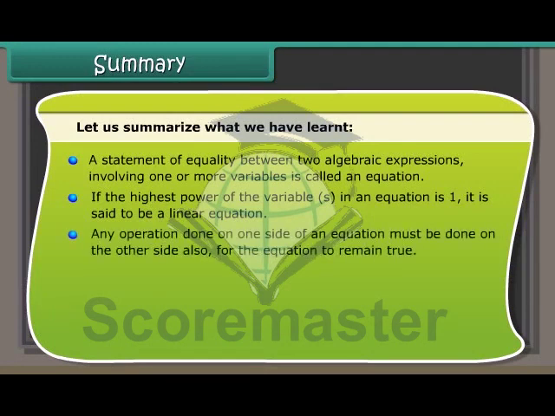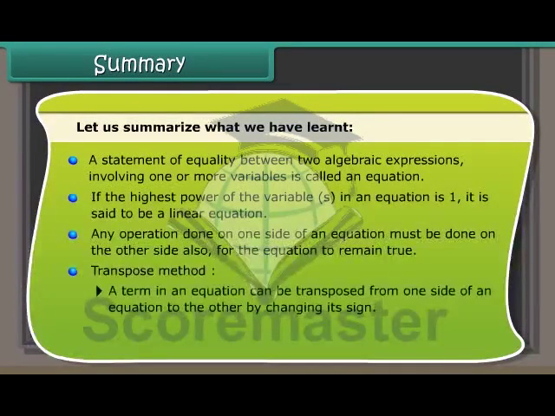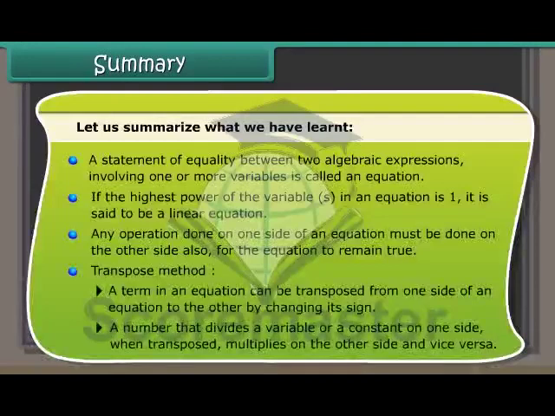Any operation done on one side of an equation must be done on the other side also for the equation to remain true. Transpose method. A term in an equation can be transposed from one side of an equation to the other side by changing its sign. A number that divides a variable or a constant on one side when transposed multiplies on the other side and vice versa.